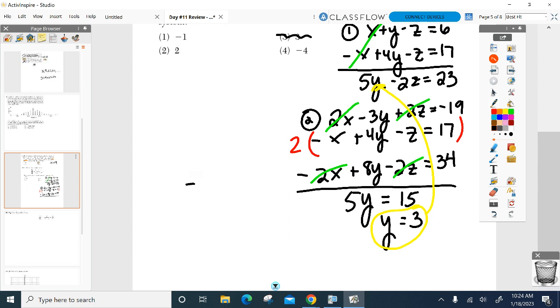And what do we have here? Z is going to equal -4. Yep. So now you have z, you have y. Now you go all the way back up to the top and plug it into one of the original 3 to find your x value.